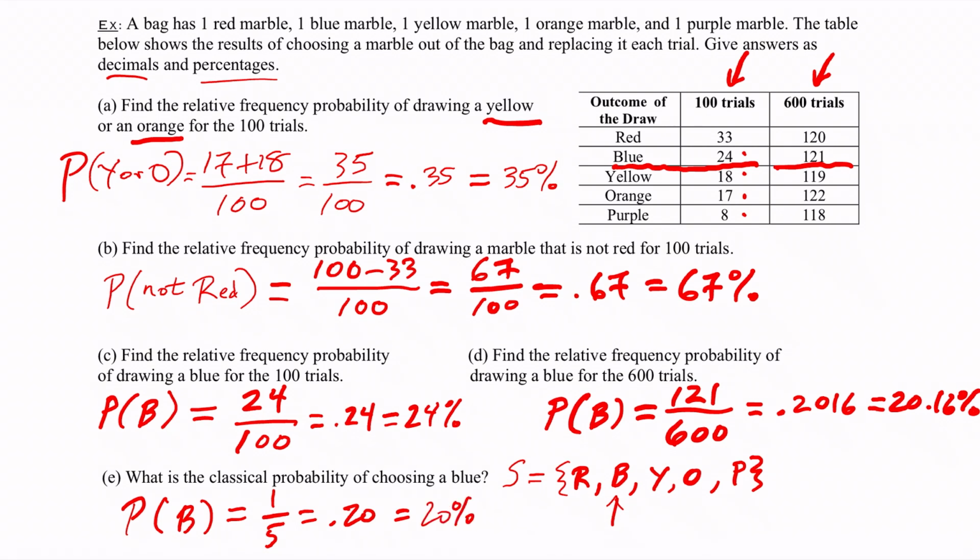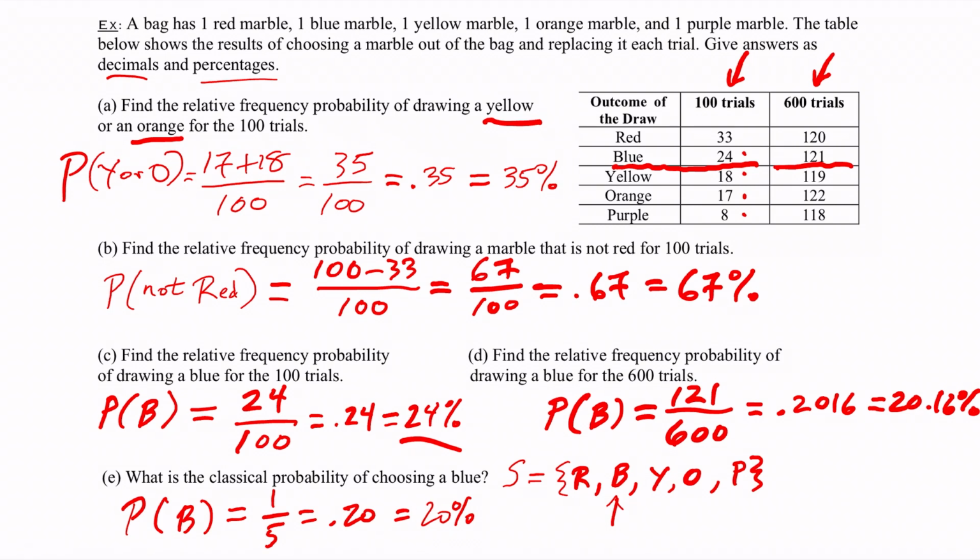Now what's going on, we were here looking at 3 different ways to compute the probability of picking a blue. And depending on the number of trials, we saw that in the case when we were performing the experiment 100 times, we had a probability of 24% of choosing a blue.